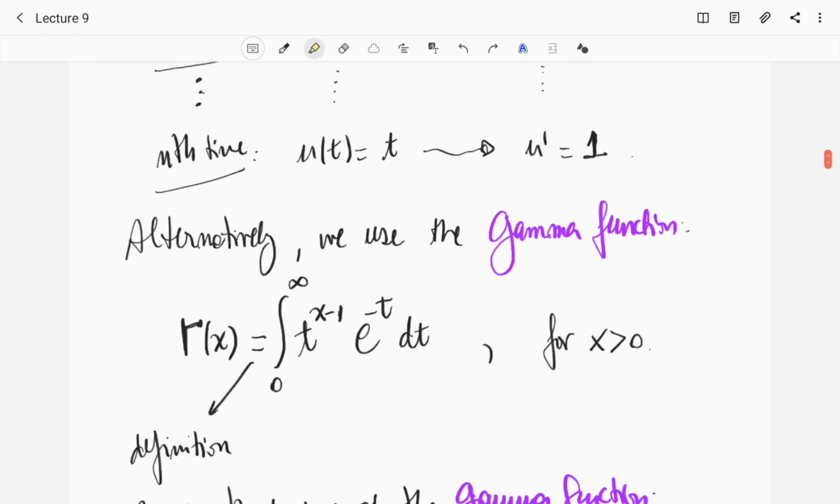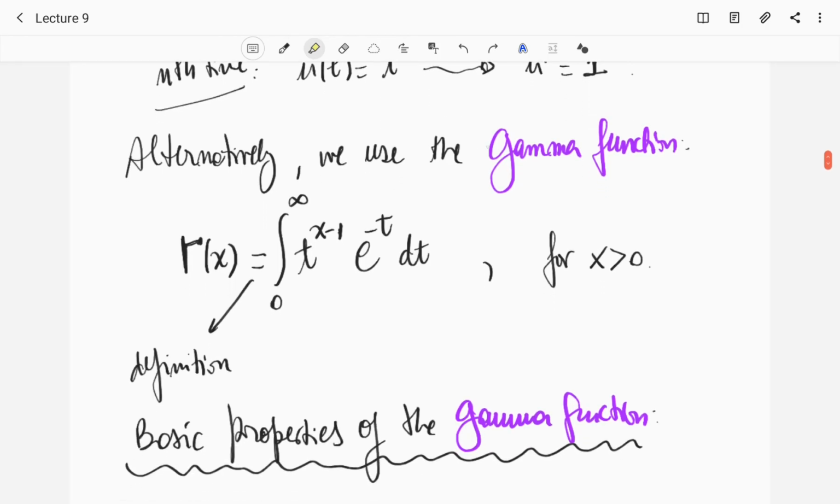So we are going to introduce this function, the gamma function, and we are going to use it to make this computation easy. So the gamma function is defined here for any positive x.